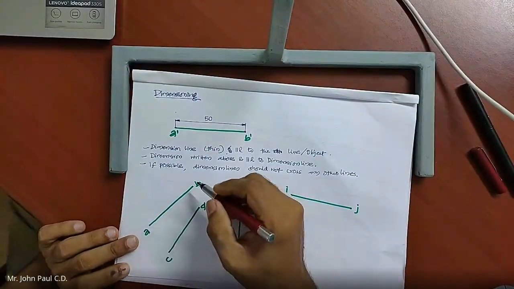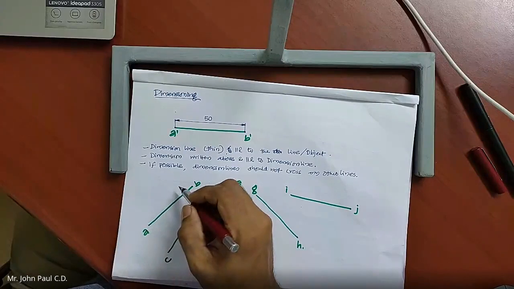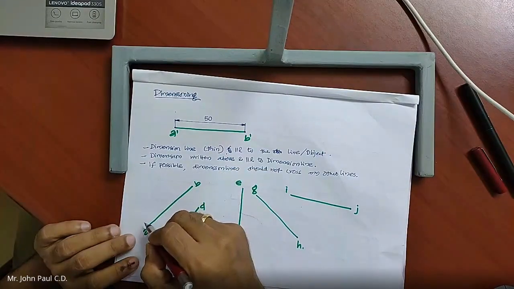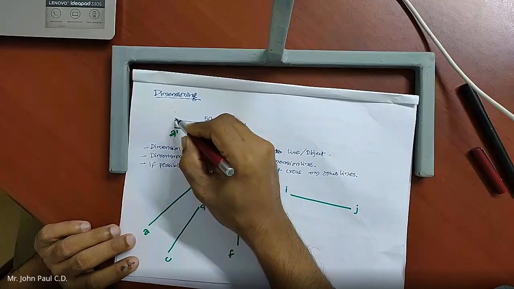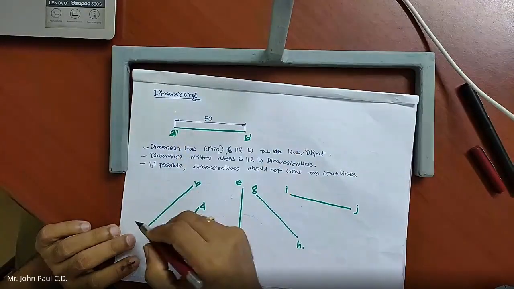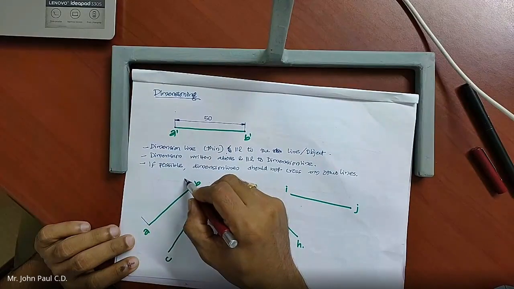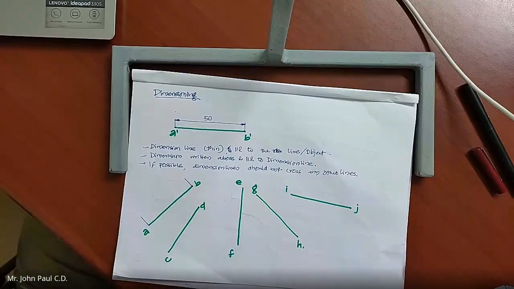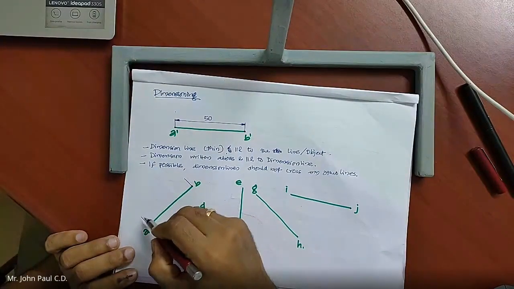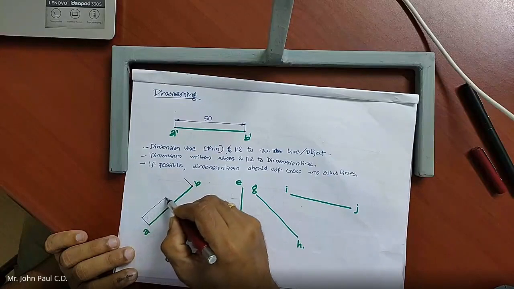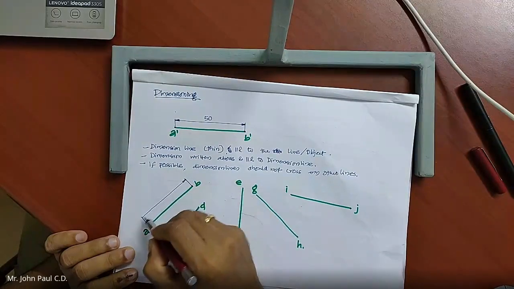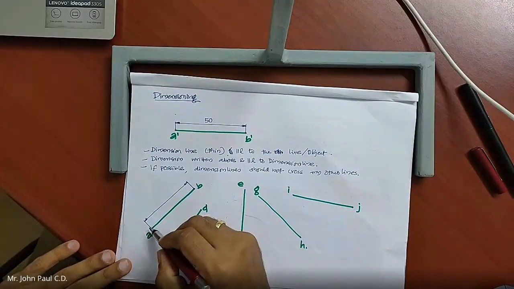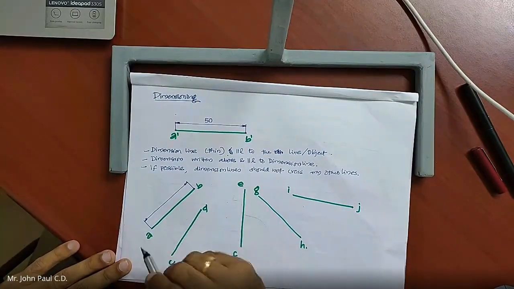How these dimensions are marked. The first thing, the dimension line should be drawn parallel to this line. While I draw that, I should draw an end projector. This will be drawn usually perpendicular to the line or object. Now I'll draw a dimension line here. If you want, you can note down the things that you should remember. This end projector should be perpendicular, first thing.